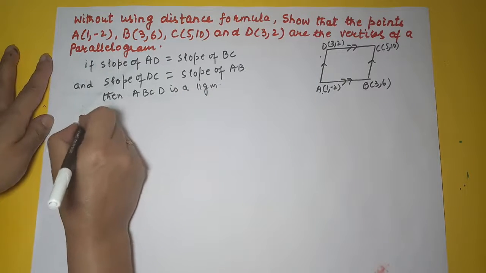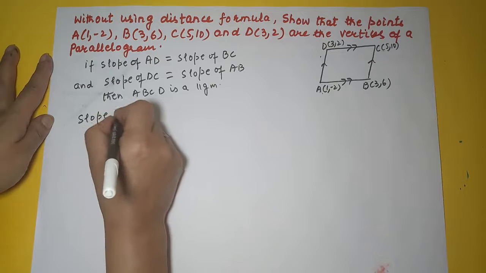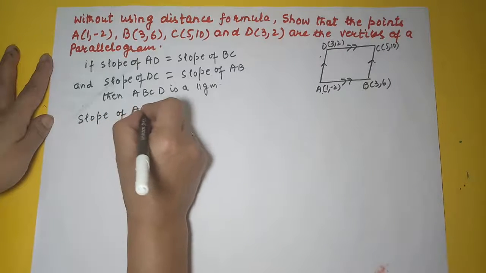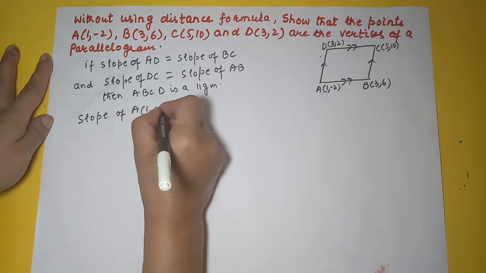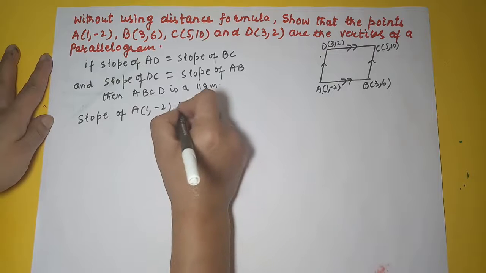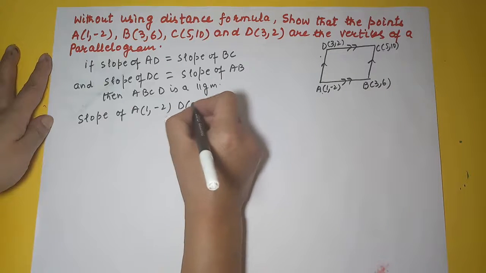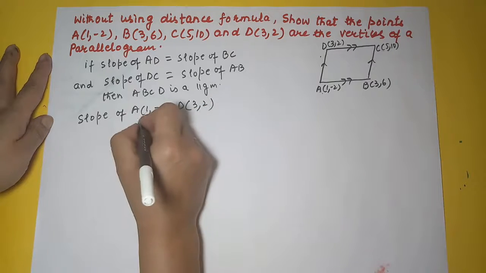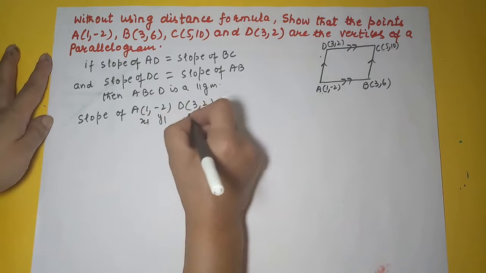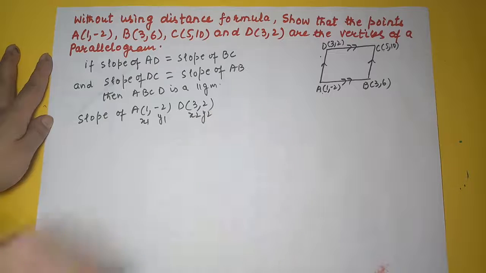We will find the slope of A, whose coordinates are 1 and minus 2, and D, the coordinates are 3 and 2, right? This becomes my x1, y1. This becomes my x2, y2.